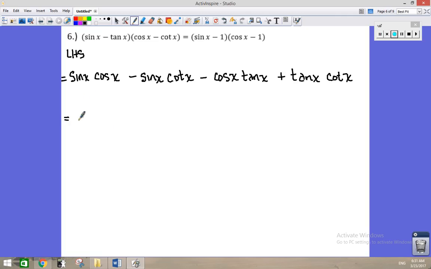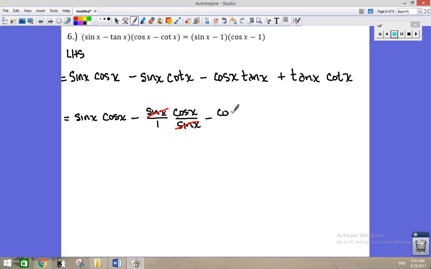So this first term we leave alone. And the sine of x, maybe just for illustration purposes, we'll put it over 1, because this cotangent is cosine of x divided by sine of x. And it just makes it more obvious that this factor in the numerator cancels with that factor in the denominator.